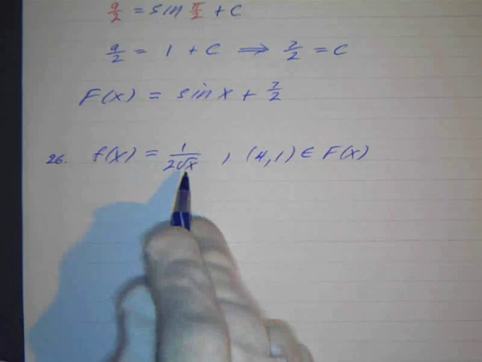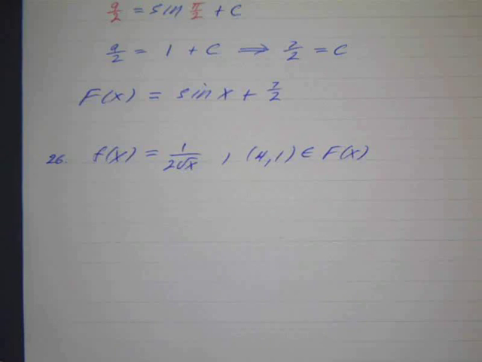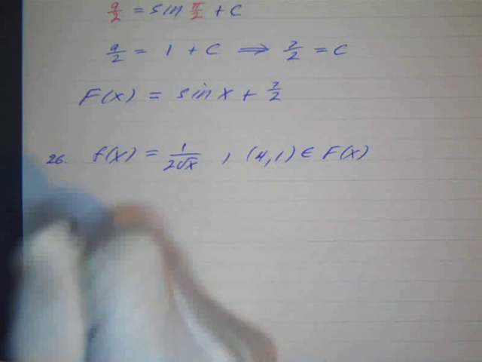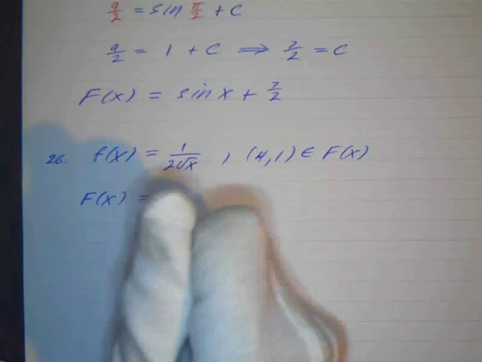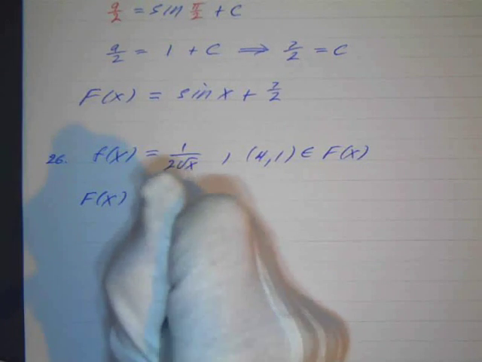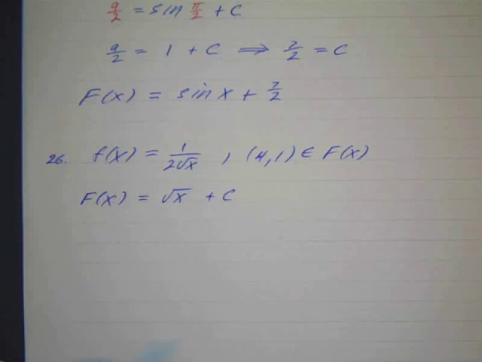All right, so this looks definitely like the derivative of the square root of x. It's one of our formulas. Remember, the derivative of the square root of x is 1 over 2 times the square root of x. So the antiderivative is going to be the square root of x, but again, plus c, because we don't know what that constant's going to be.